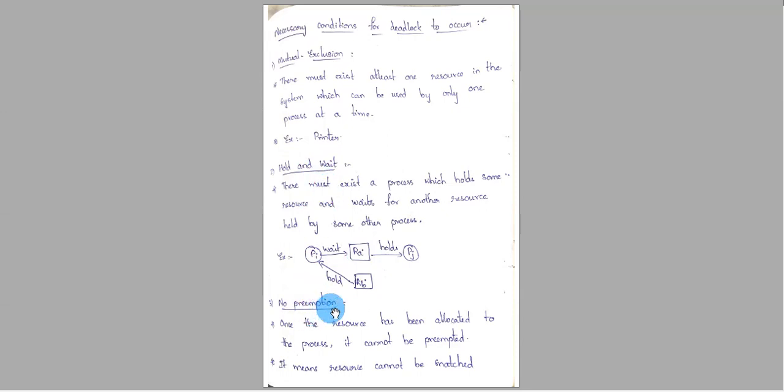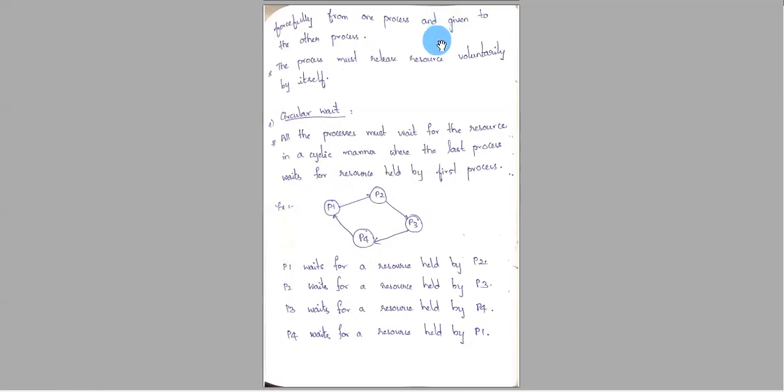Next, no preemption. We know what preemption is. Preemption is forceful exit. Once the resource has been allocated to the process, it cannot be preempted. It means the resource cannot be snatched forcefully from one process and given to another process. The process must release the resource voluntarily by itself.